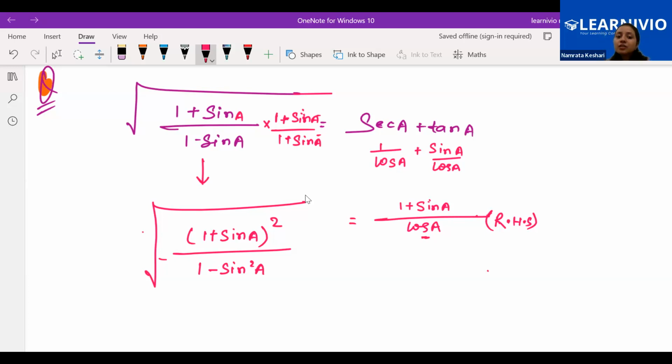From here the numerator will be just 1 plus sine A and the denominator will be cos square A, but since it is inside the root, if you take it out it will be just cos A. So this type of question we have done, where we work on the left hand side and the right hand side, and then we prove that both sides are the same, hence left hand side and right hand side are equal. Any confusion to anyone? No. Okay, we can say here LHS is equal to RHS. Let's continue.